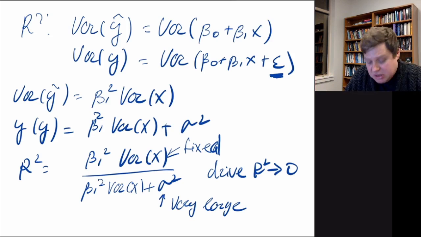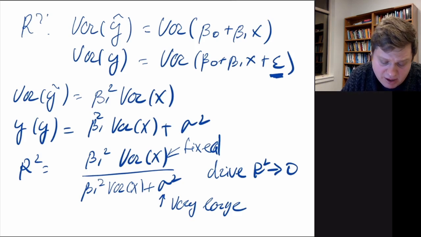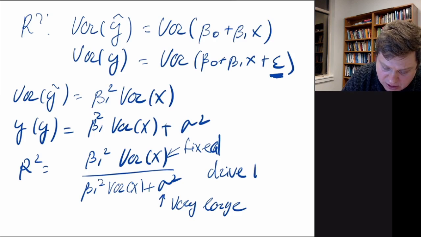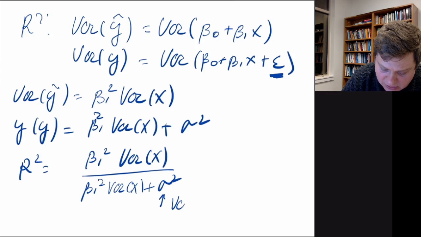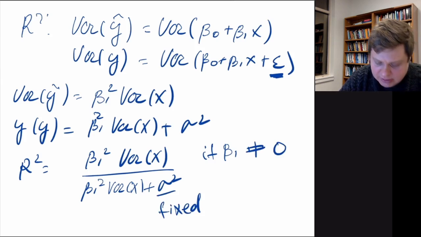So the fact that r squared is close to zero doesn't tell whether there is a bad assumption about the linear model, or whether this linear model is just a poor fit. Okay, in a similar fashion, as long as beta 1 is not 0, I can keep sigma squared fixed and keep rescaling x, so the variance of x goes up.